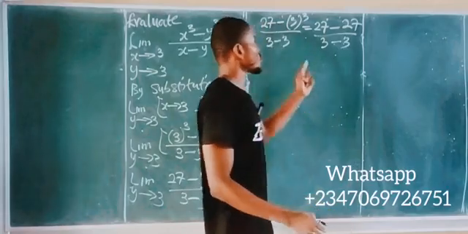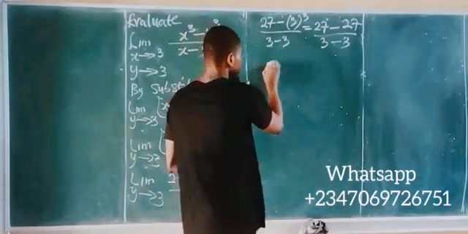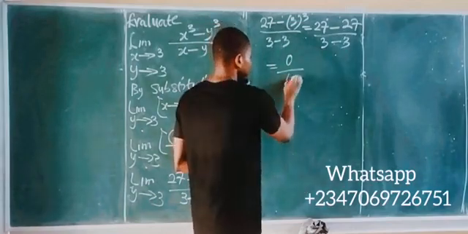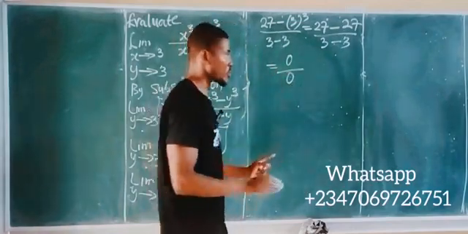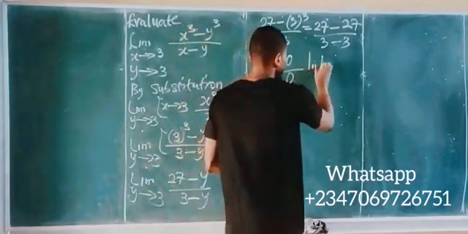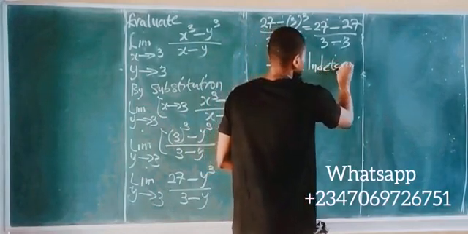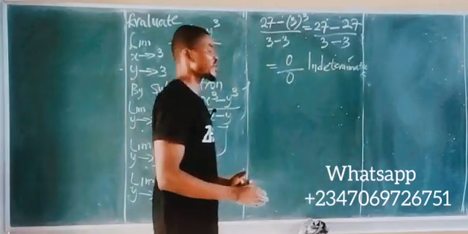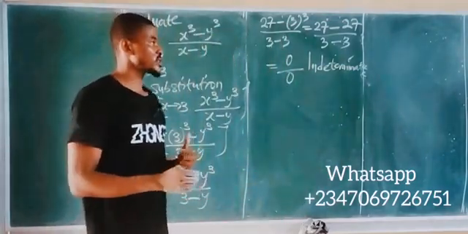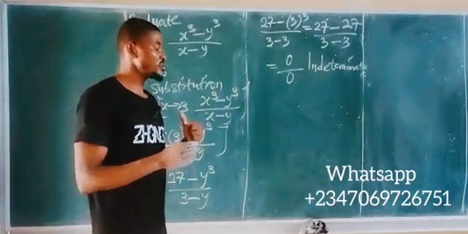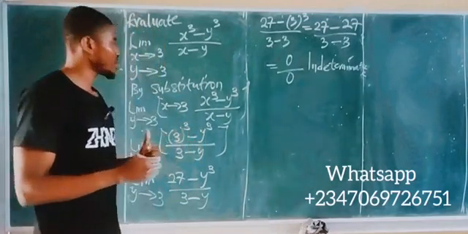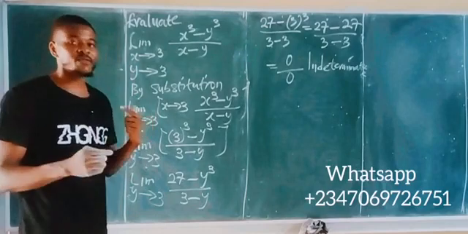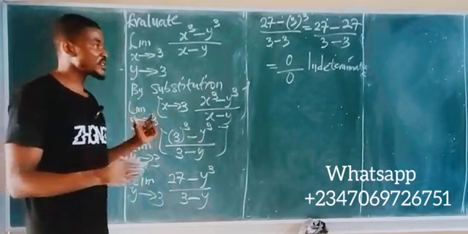Of course 27 minus 27 gives 0, and 3 minus 3 also gives 0. So this expression is called indeterminate. Since the expression is indeterminate, the limit of the function by direct substitution failed.